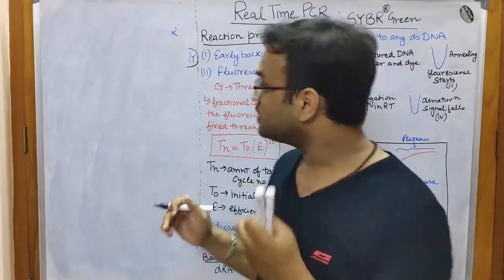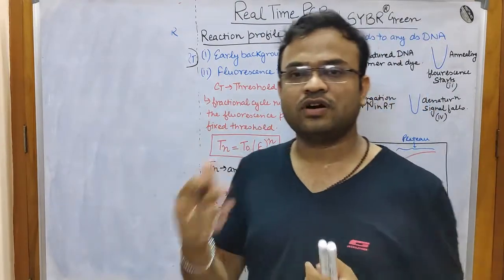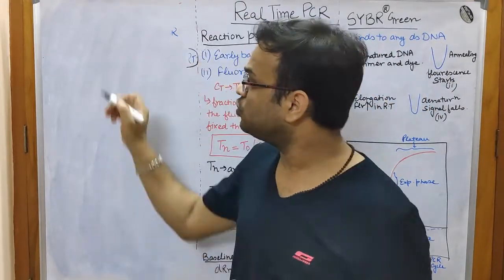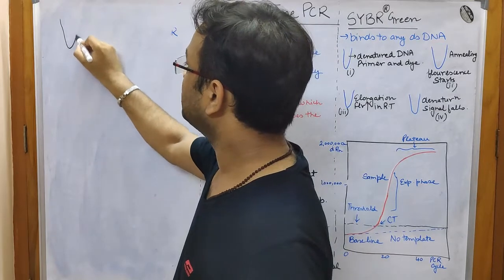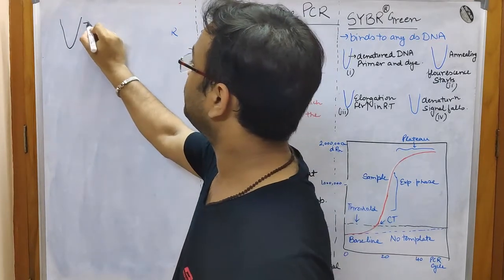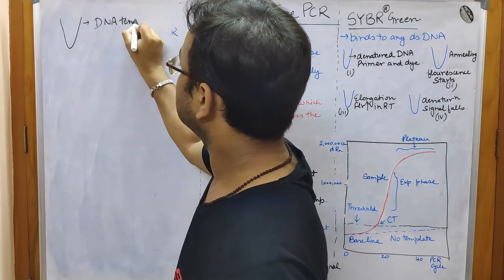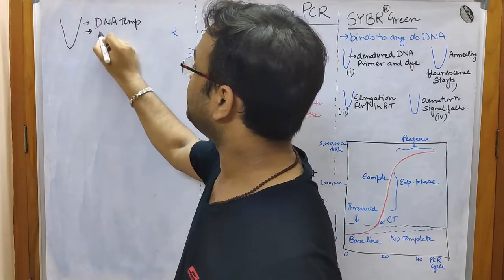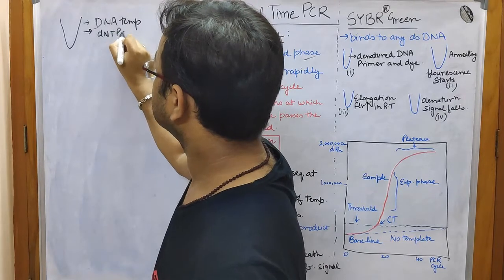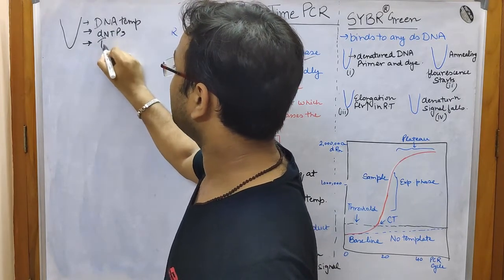So what will happen is, suppose that you have a PCR machine, you have a tube. In this tube you have put your DNA template. Next you have put your dNTPs. Next you have put your Taq polymerase.